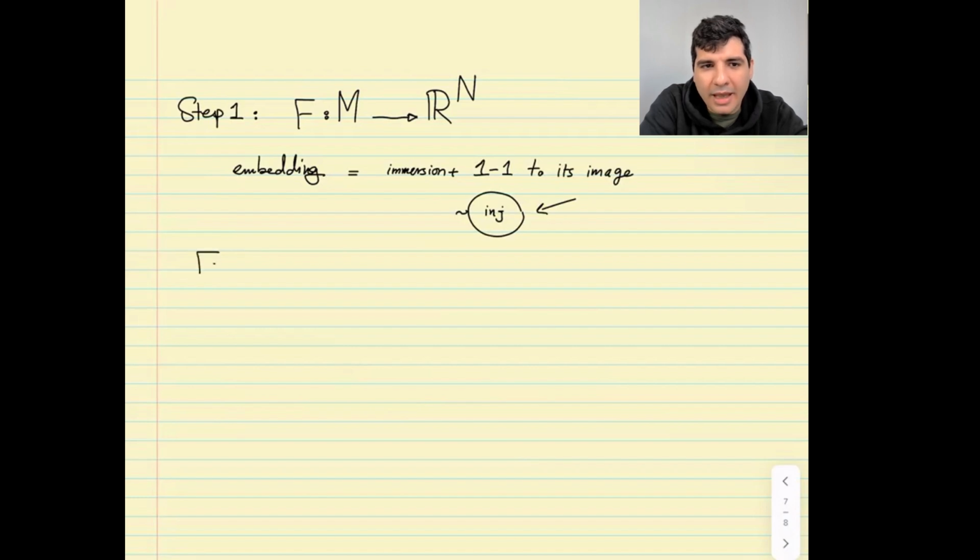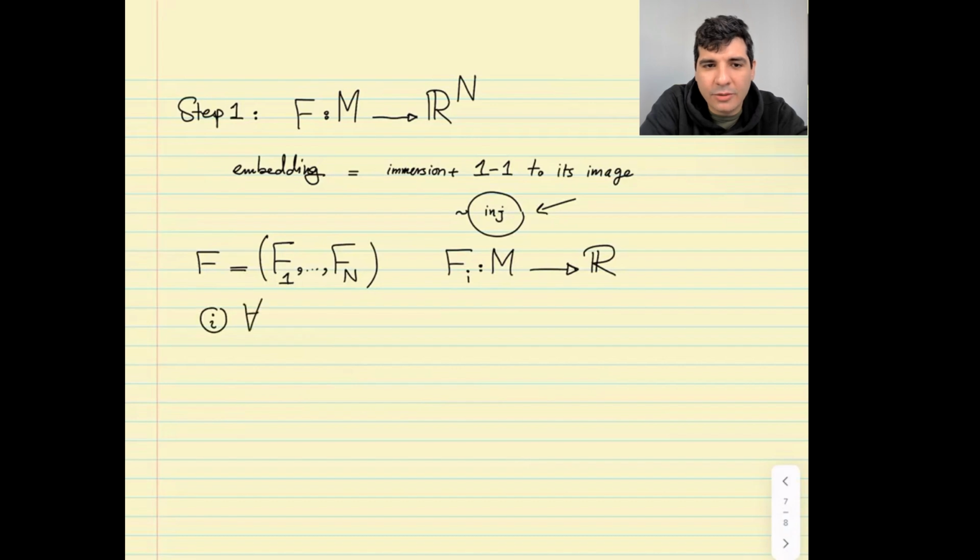Since it's a map to R^n, f can be written as f1 up to fn. We can write its components; it would have n components. Each fi, where i is between 1 and n, is a real valued function, a map from M to R. The fact that the map f is injective means that for any two points x and y in M, where x is not equal to y, f of x should not be equal to f of y.